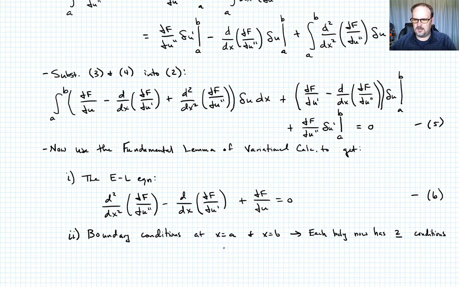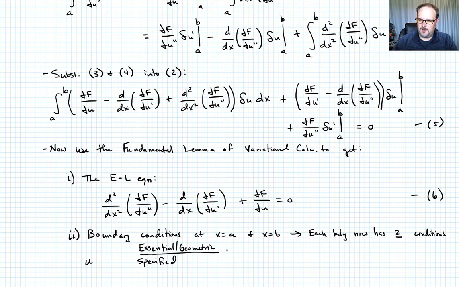So let's look at the case for u, right? Either u is specified at the boundary or it's not. So u is going to be either specified, and you know that that's an essential or a geometric boundary condition, or you could have the natural boundary condition, right?